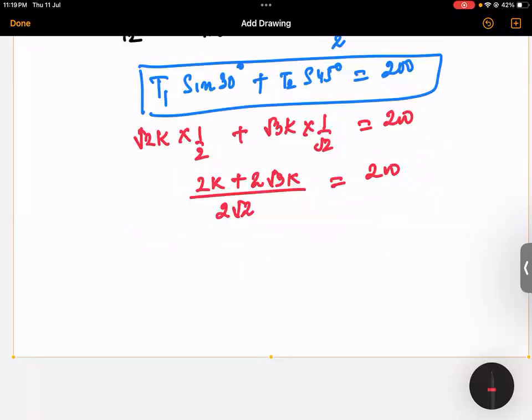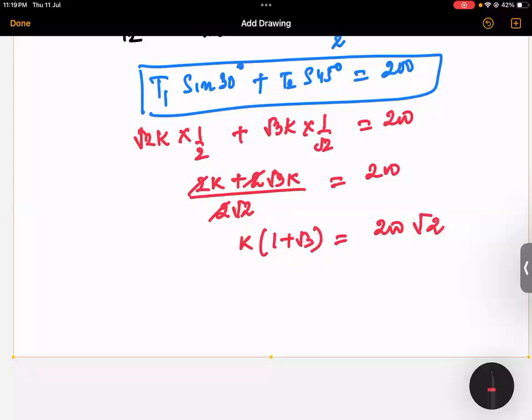So one thing is there, that is 2 and 2, and this 2 gets cut. So you are left with K times 1 plus root 3 equal to 200 root 2.